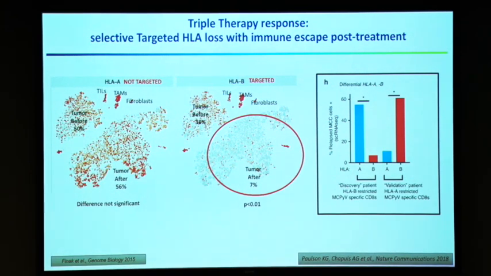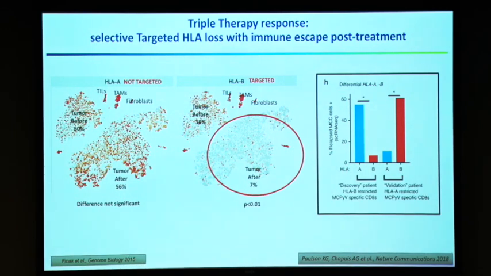However, when we looked at HLA-B, there was a complete downregulation of HLA-B at the time of progression, and that was the HLA that the TCR was targeting. So basically, the tumor was able to downregulate the targeted HLA-B in order to escape the T cells, and we actually were able to see that in 2 patients.